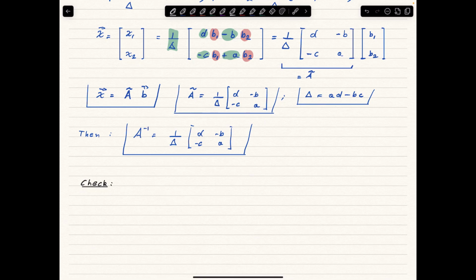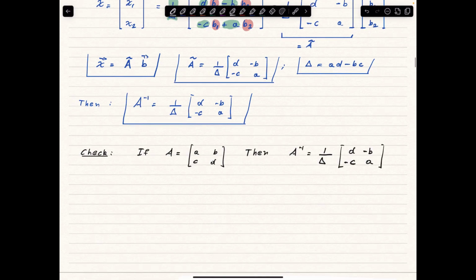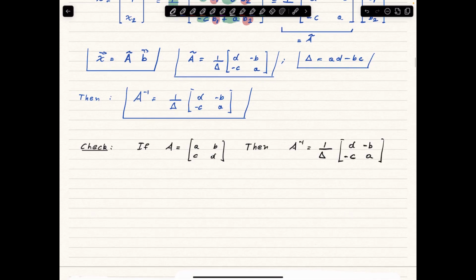What do we need to check? Well, if a matrix A has the form A, B, C, D, then A inverse is 1 over delta, and then we need to multiply by D in this position, A in that position, negative whatever B was, and negative whatever C was. Okay, let's check that this is the case.